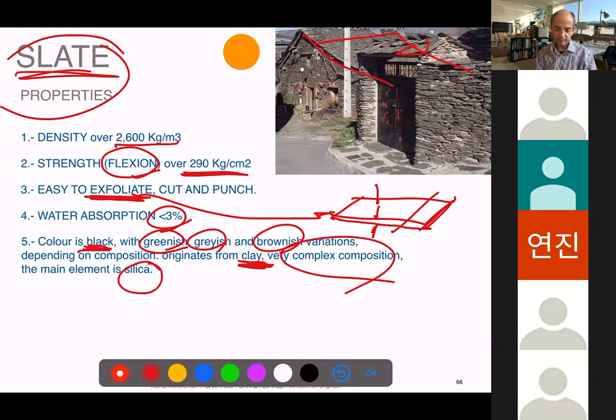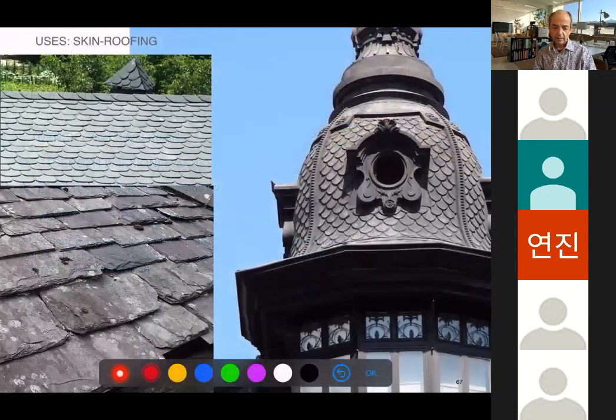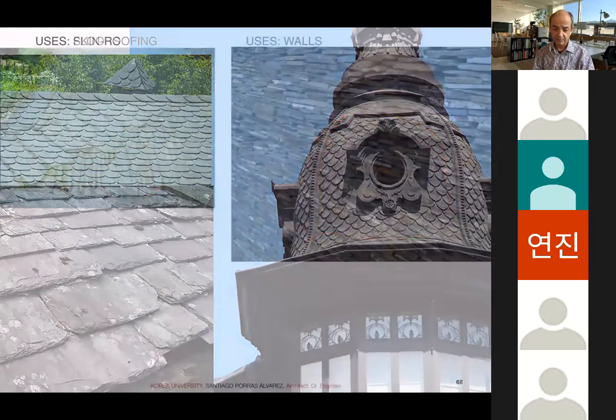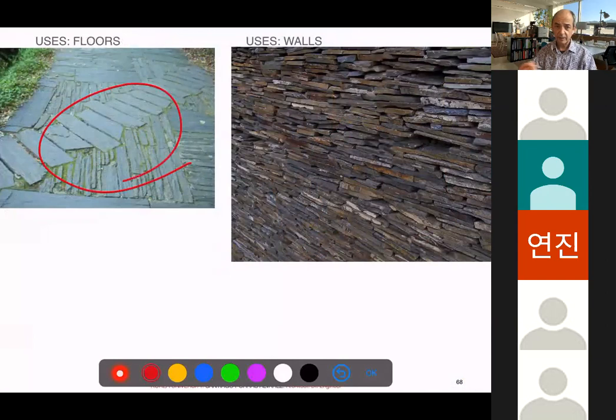The main element of slate is silica, right? It's very used in roofing, very appreciated because it can adapt to almost any shape, is very safe, has very good waterproofing, and has a nice stone finishing. You will see it very decorative in floors, also for walls, usually for a rustic look.